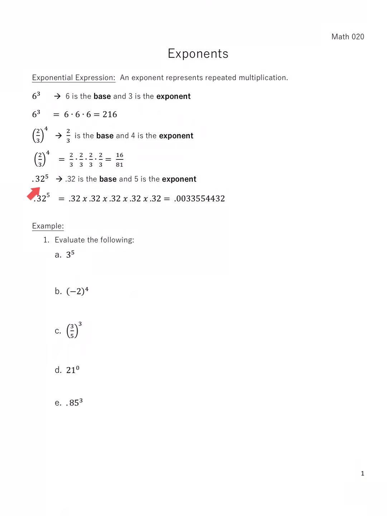So again, if we look at this next example, 0.32 raised to the fifth power, what's the base? 0.32. What's the exponent? 5. How would we expand this exponential expression? We would take the base and multiply it by itself 5 times.